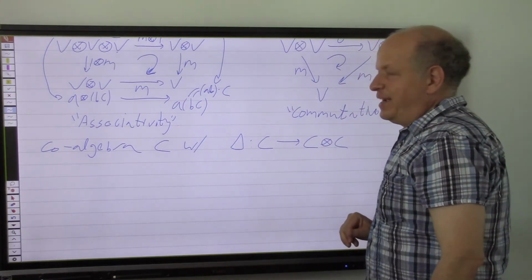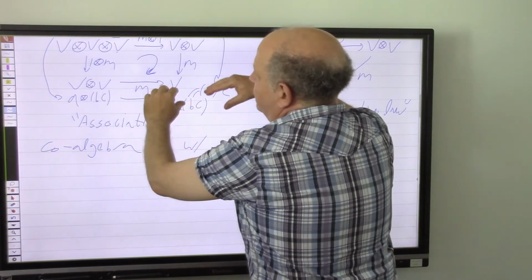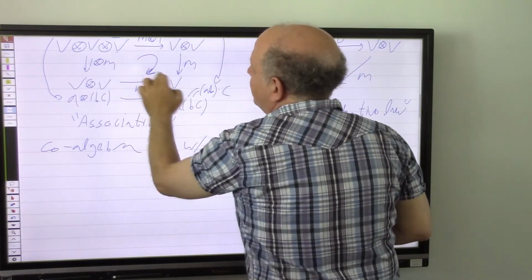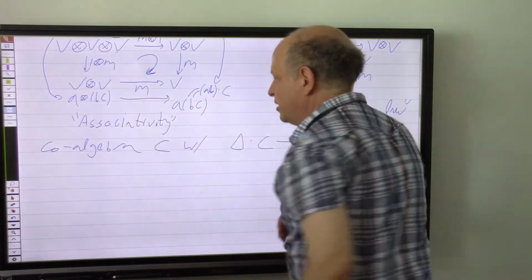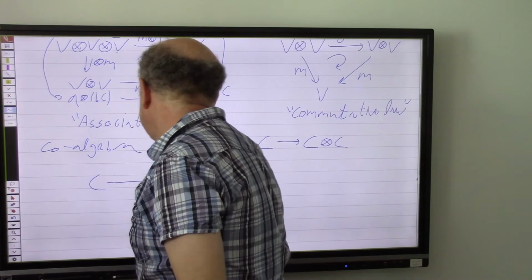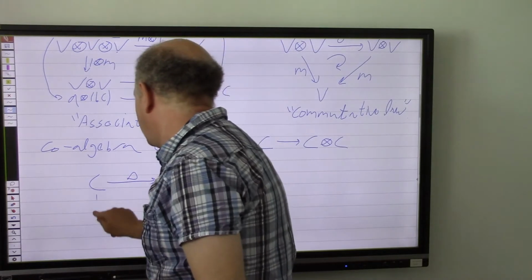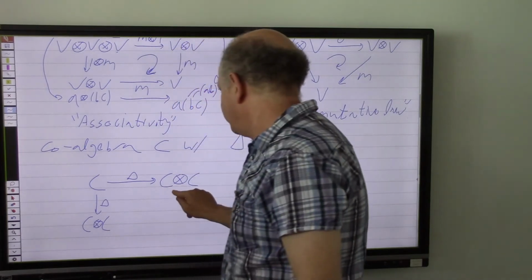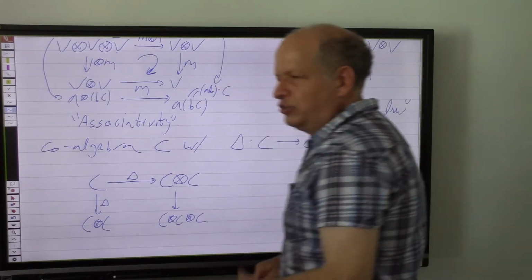And then instead of having this commutative diagram, you have the opposite commutative diagram. So instead of starting with three V's and ending in one V, you start with one V and end in three. Except I changed the name to C, so you go from C to C tensor C using delta, or again to C tensor C using delta, and from C tensor C you can get to C tensor C tensor C in two ways.